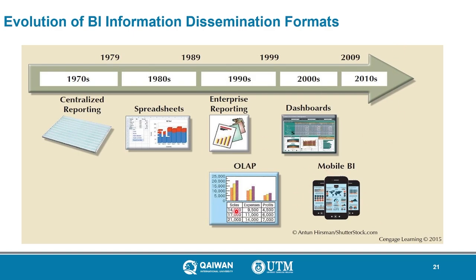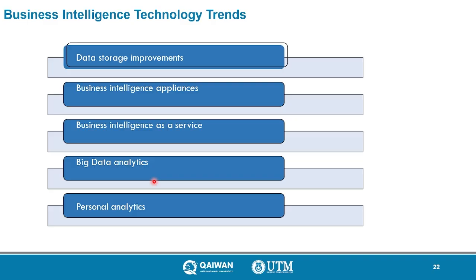So after that, everything changed, and from a simple spreadsheet, they went to OLAP or mobile business intelligence. Now, these were the technology trends of BI: data storage improvement, business intelligence appliance, business intelligence as a service. By other words, it became necessary for business intelligence to adapt itself and for companies to adapt business intelligence tools and the idea itself, and big data analytics, personal analytics too.